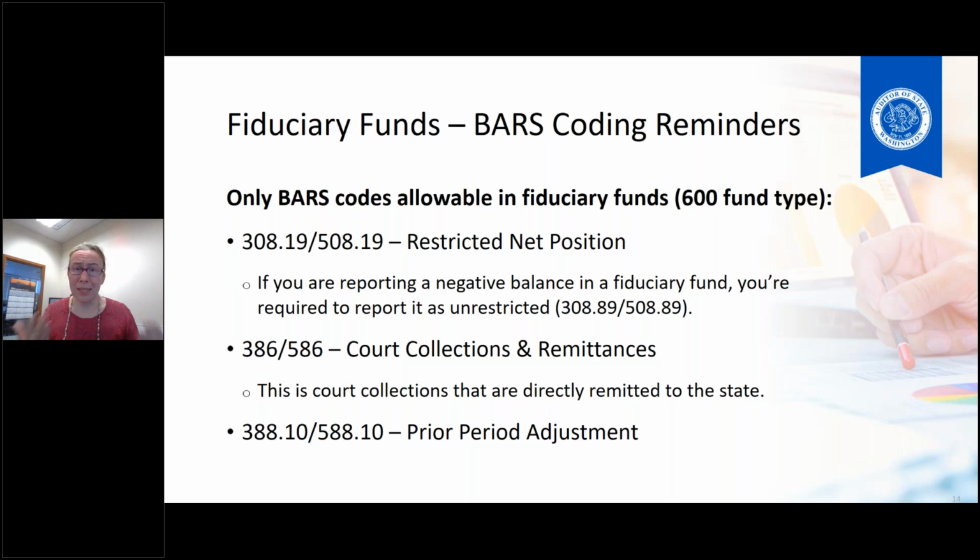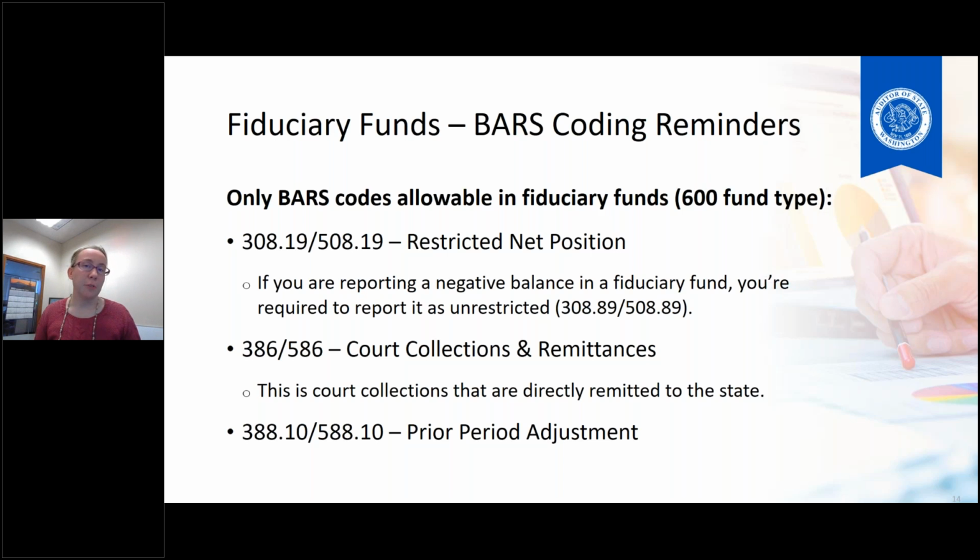Therefore, they fall under restricted classification. In the rare circumstances that you need to report negative balance in your fiduciary funds, this should be very, very rare, you would use unrestricted, which is the 30889 and 50889. So that's our beginning and ending net position.